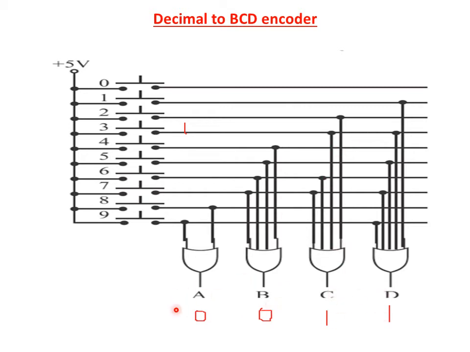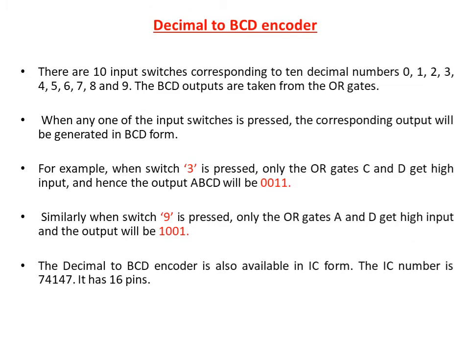The remaining two gates' outputs are 0, 0. So we will get the output 0, 0, 1, 1. This way, when all the inputs are pressed, we will get the corresponding outputs.